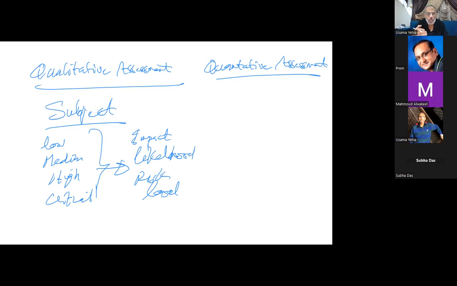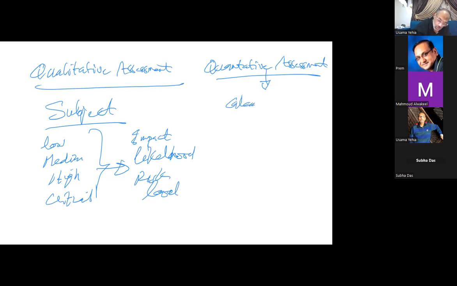Usually companies make a mix and match of both, but usually it will be qualitative assessment. Quantitative assessment will be money-wise, expressed in mathematical calculations.